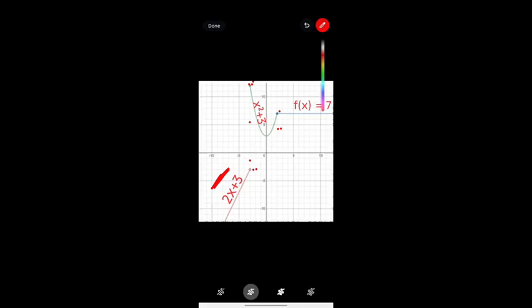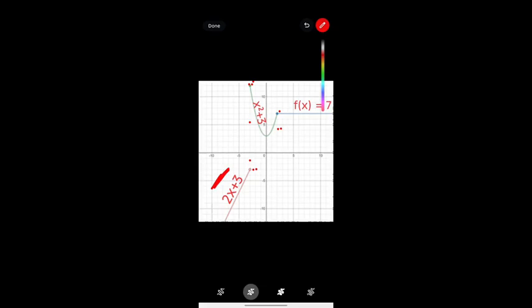The green shade would mean that 2 is still part of the domain of x squared plus 3. But because it is not shaded in green, 2 has nothing to do with x squared plus 3.